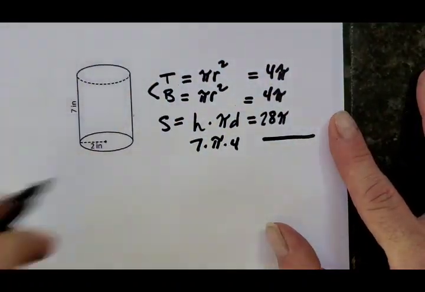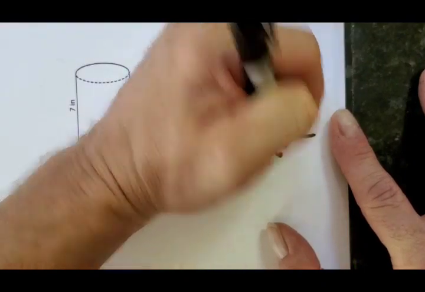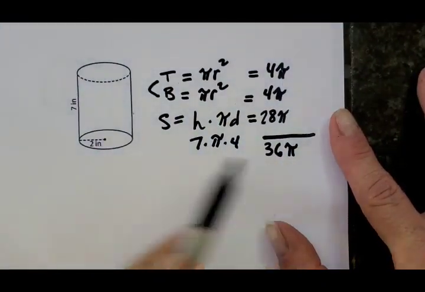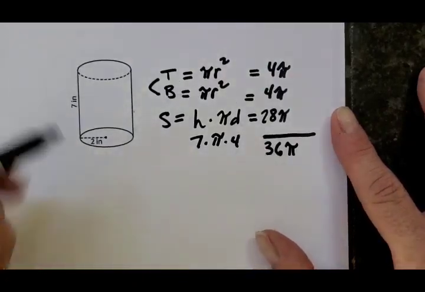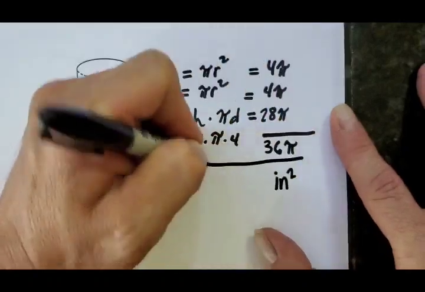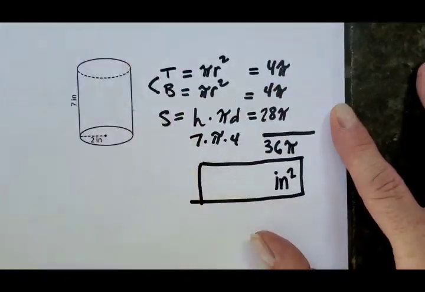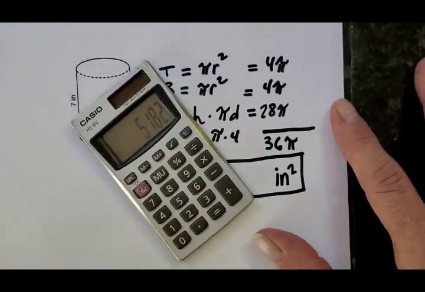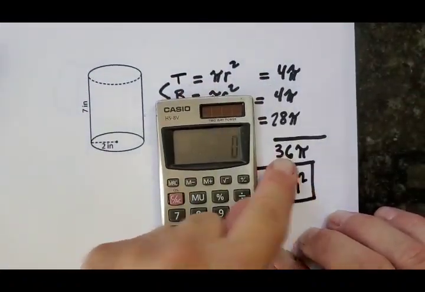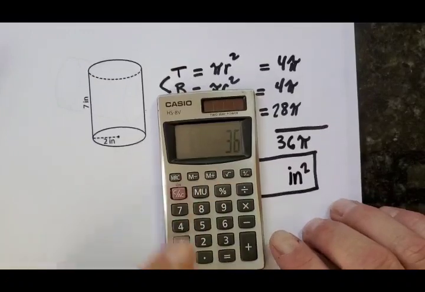Plus 28 pi makes it 36 pi. Then I will find out what that is, and that will give us our total surface area.